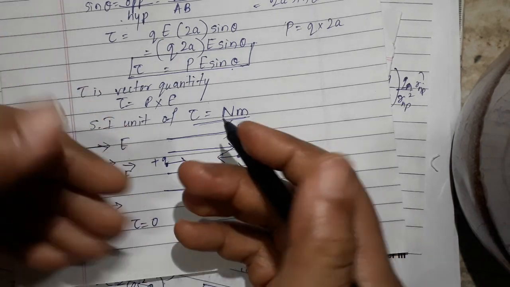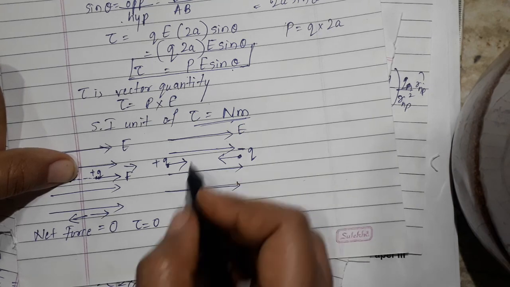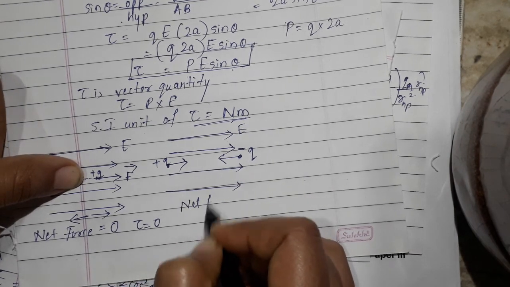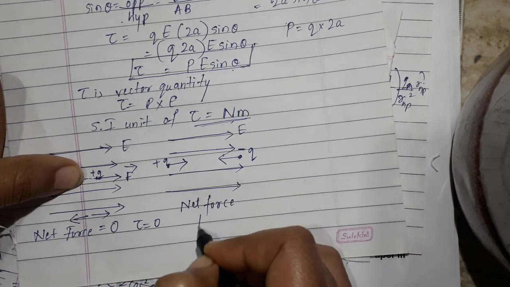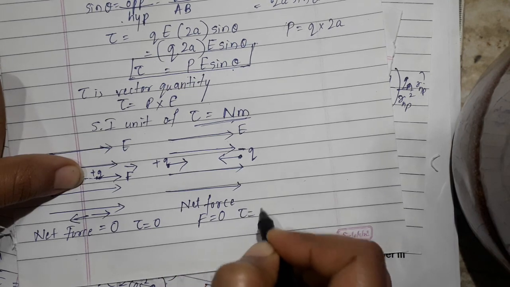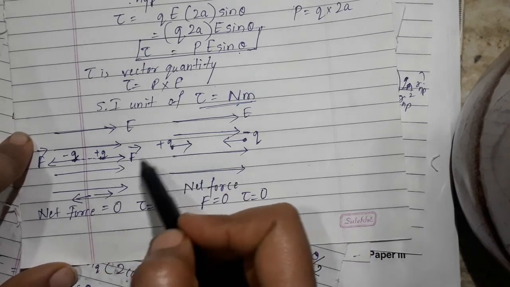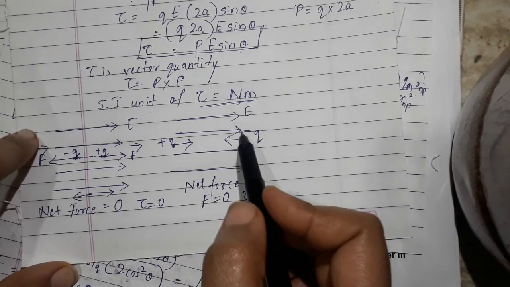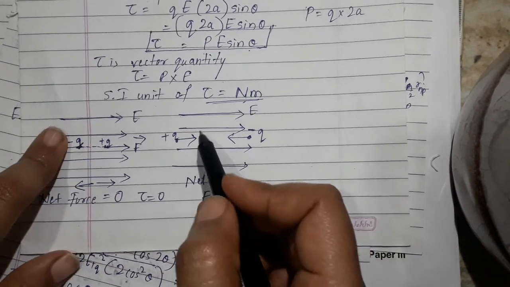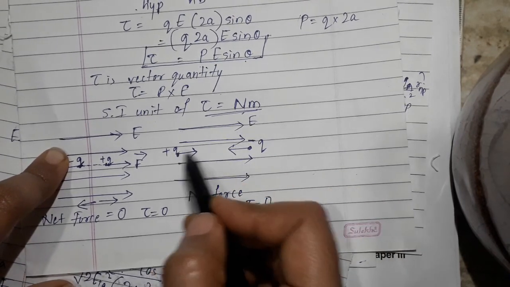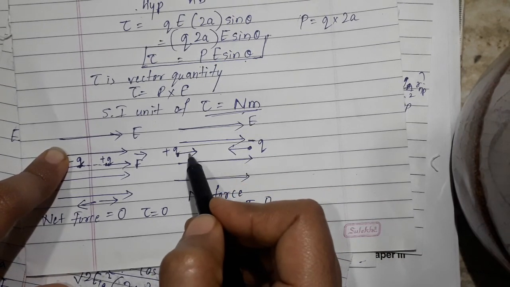Both are opposite in direction, so the net force in this case is again zero: F is equal to 0, and so tau is 0. You may also get CET questions where a dipole is placed like this in electric field lines. You have to imagine it yourself, and keep in mind that the plus q charge moves in the direction of the field.